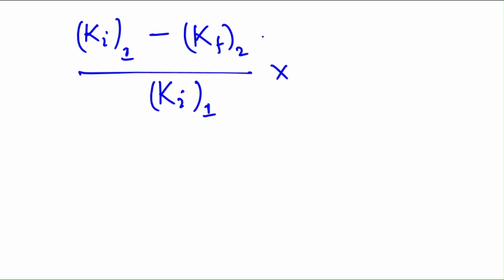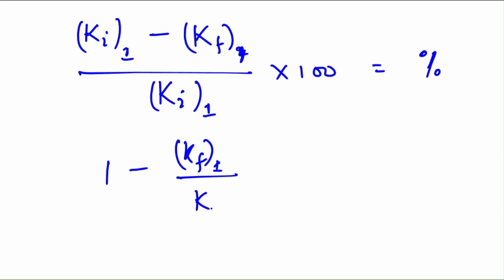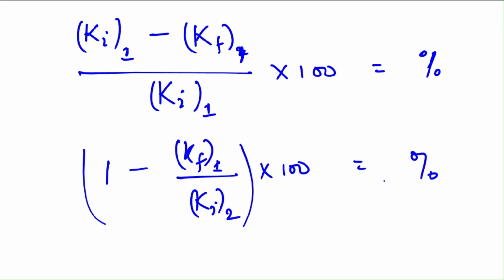Multiplied with this, it will give you percentage, and this is going to be Ki1 divided by Ki1, and then final kinetic energy of neutron divided by initial kinetic energy of neutron, into 100.